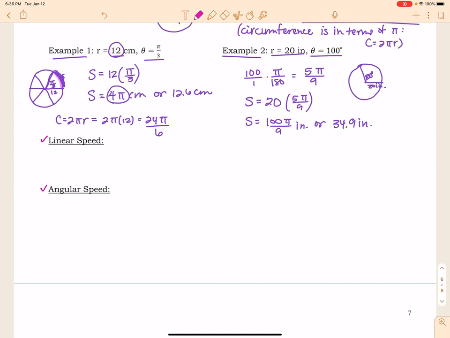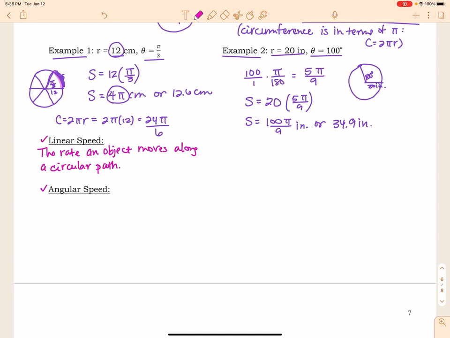So the linear speed is actually the rate, as you would expect, an object moves along a circular path. Makes sense since we're talking about the unit circle.